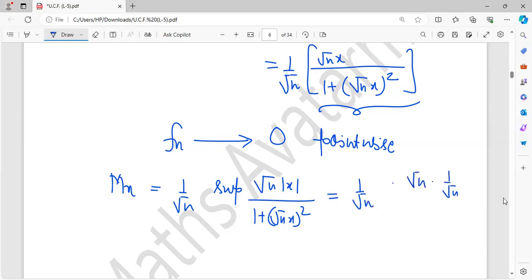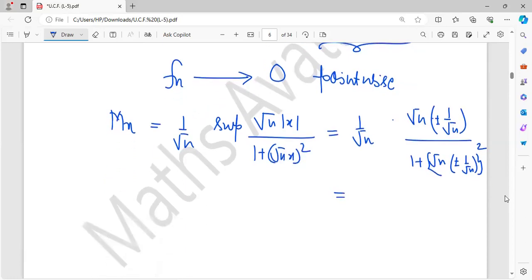So after solving it, you will get 1 in the numerator, and in the denominator you will get 2.